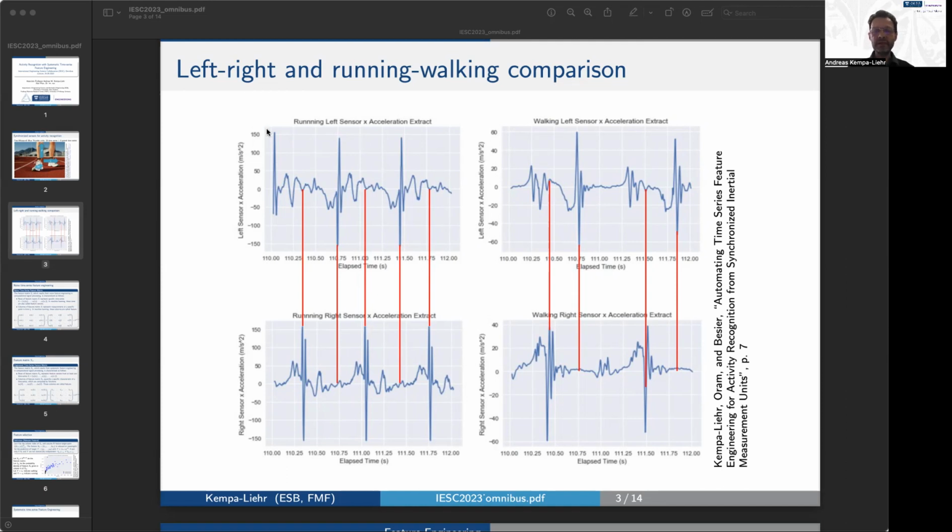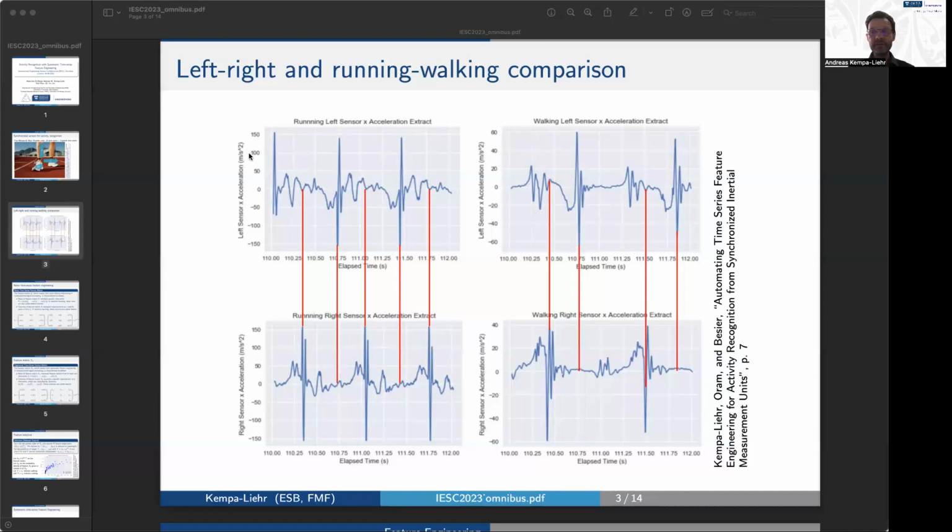If you look at the X and the Y axis here, we've got a magnitude of up to 150 meters per second squared for running and up to 60 meters per second squared for walking. So clearly, first of all, these accelerations are much too high. This indicates that the sensor systems were not fitted tightly enough to the ankles, so they were just wobbling around. This explains these large accelerations.